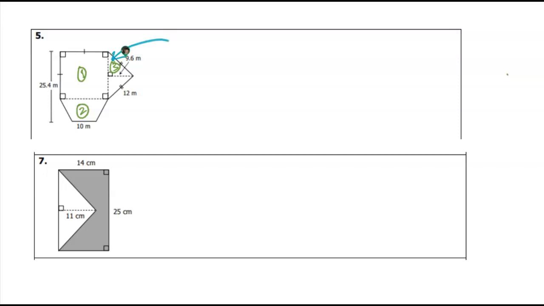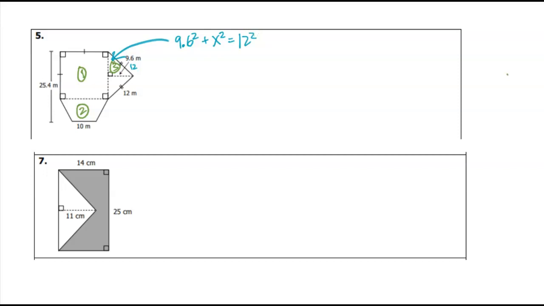This is 12, that puts this 12 over here, and that's my hypotenuse, and then 9.6, so 9.6 squared plus, we'll just call it x squared equals 12 squared.